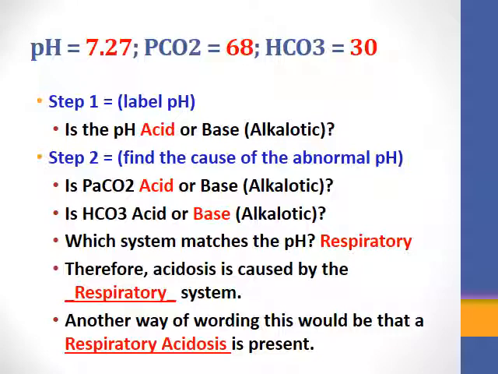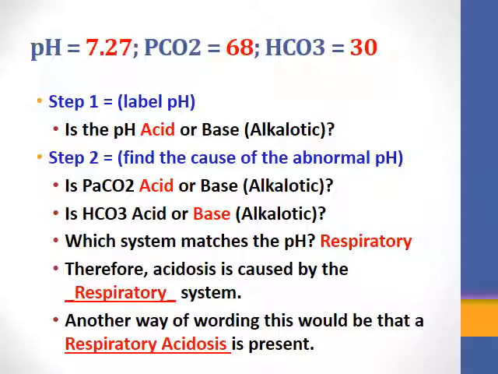Then we look at our bicarb. Is it an acid or a base? We have a bicarb of 30, so that means it is a base because it is higher than our 22 to 26 range. And you remember that if your bicarb is elevated, it is alkalotic, and if it is decreased, it is acidotic. So now that we have this written down with our pH of acid, our PCO2 of acid, and our bicarb of a base, which of those match the pH?